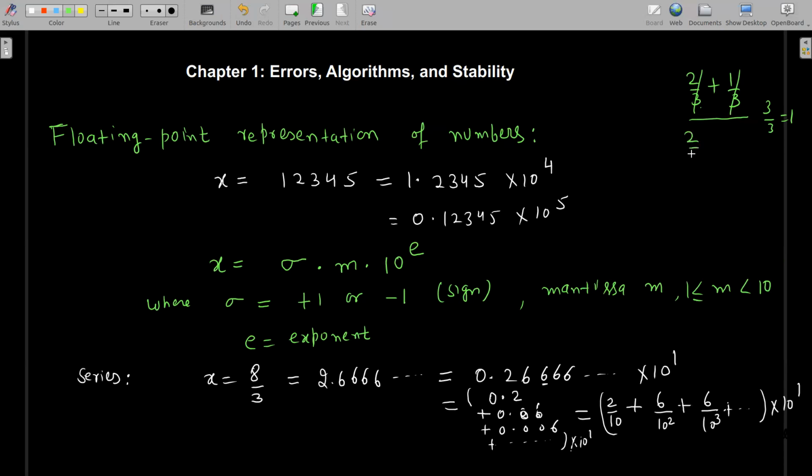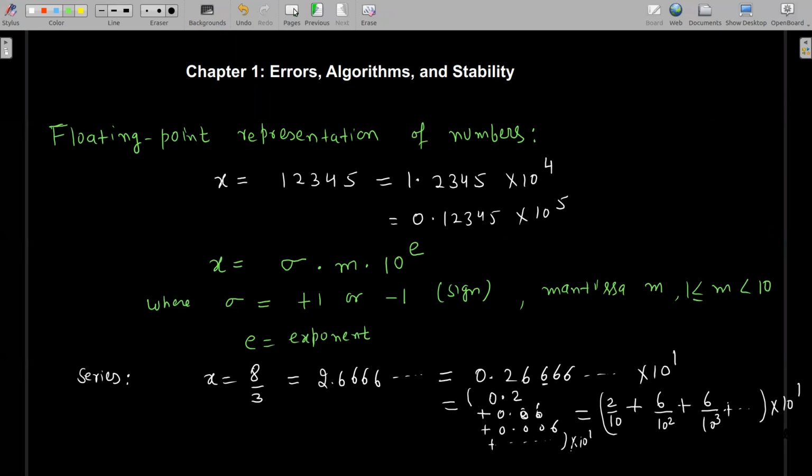When you give input 2 by 3, a machine first simplifies it to decimal form, 0.666 and so on, depending on the limit. Then 1 by 3 will be 0.3333, then it will add. But manually you can write numbers in p by q form.